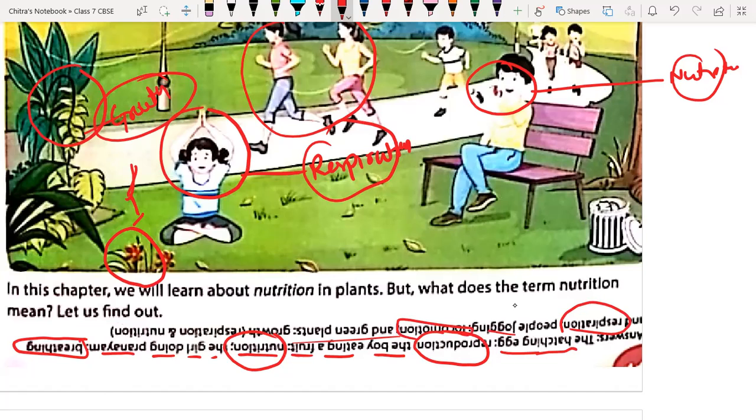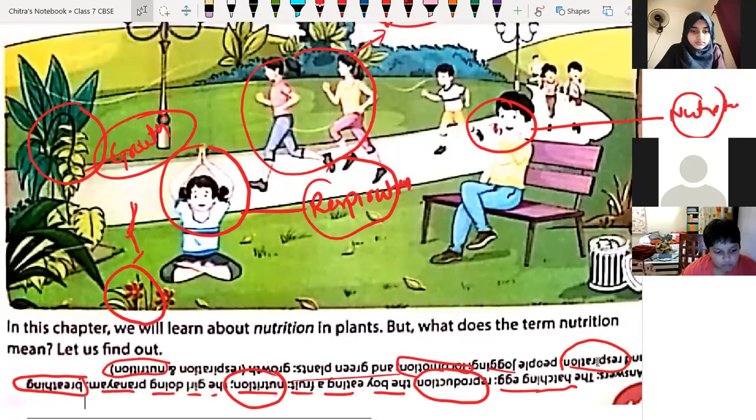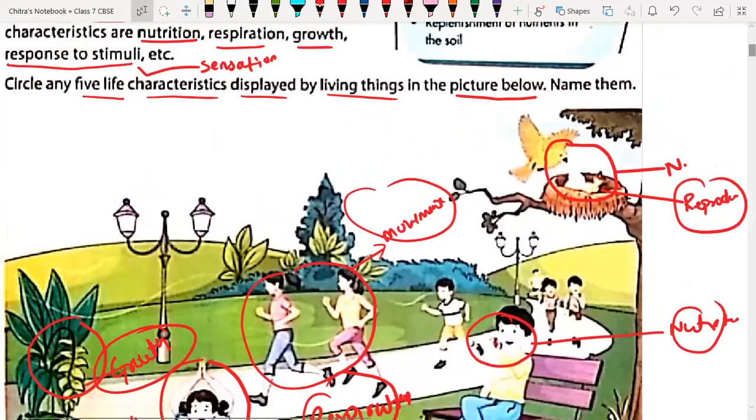And the green plant grows, so respiration as well as nutrition is given here. So in this picture, we can see different kinds of life processes which are performed. Is it clear, everyone? Any doubt, beta, in this part? If you have any doubt related to the picture, you can ask now.